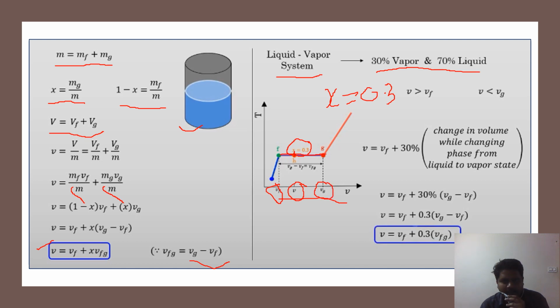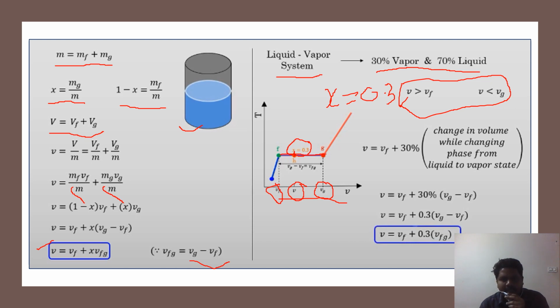The same thing we have written here. So from this chart we can write V greater than Vf, V less than Vg. The same thing I have written here.